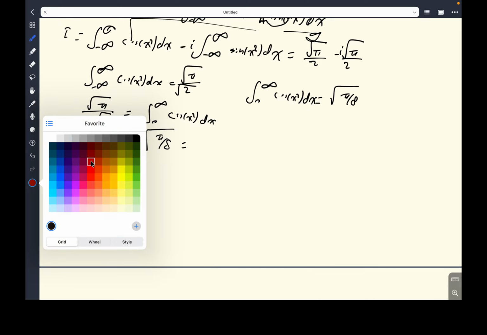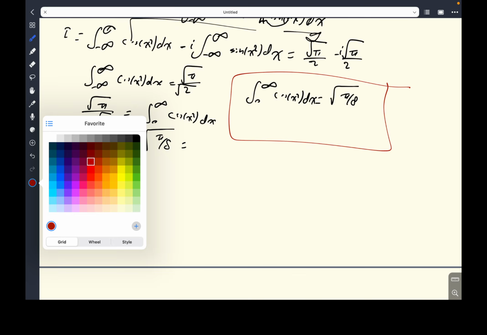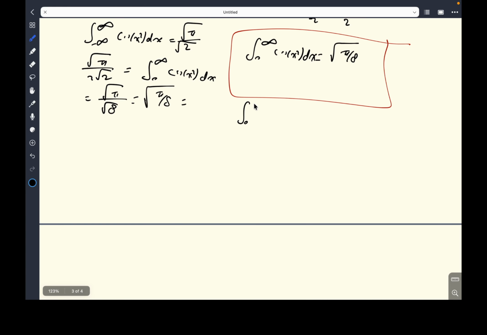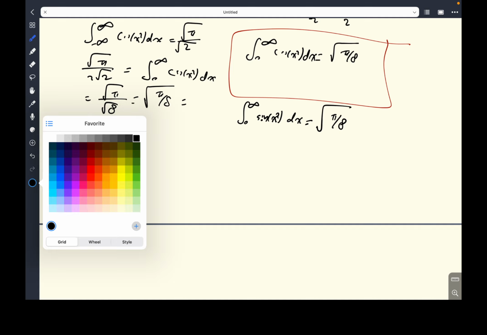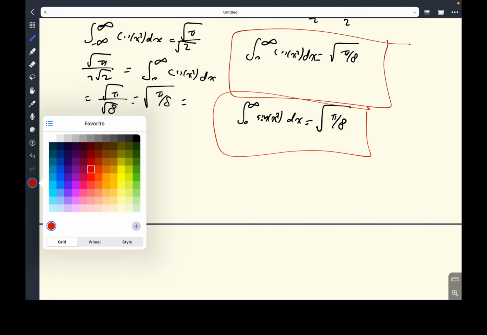I'm going to indicate it here. And if I do the same thing for the other integral, the integral from 0 to infinity of sine x squared dx, it's going to be root pi over 8 again. So these two integrals both have an exact value of root pi over 8.